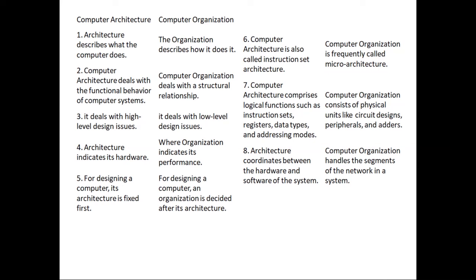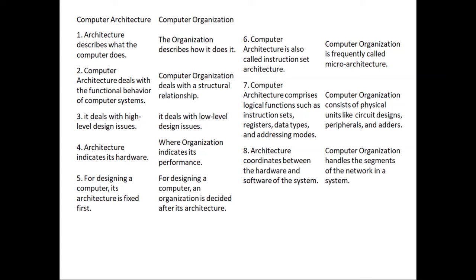Fourth, architecture indicates hardware, whereas organization indicates performance. Fifth, for designing a computer, the architecture is fixed first, and based on that the organization is decided. Then point number 6, computer architecture is also called the instruction set architecture. Organization is frequently called micro architecture.